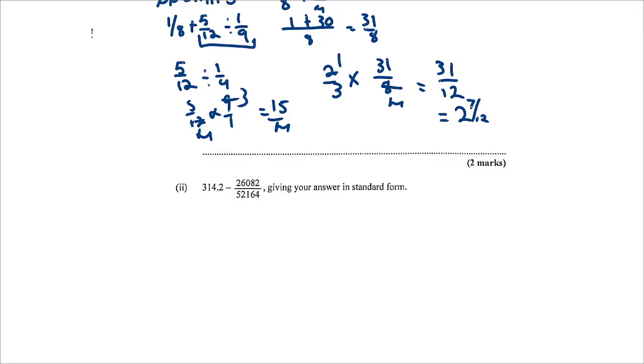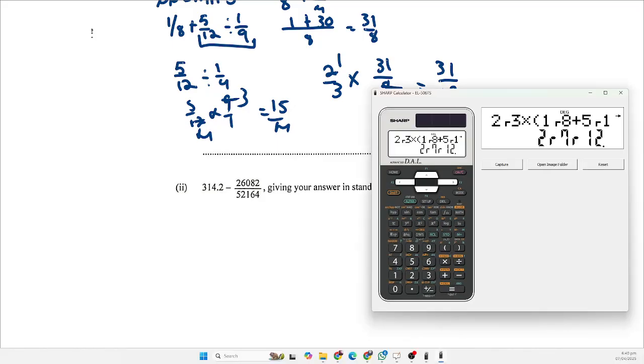The next question says 314.2 minus 26082 divided by 52164, giving your answer in standard form. So you see this one has decimals in it and then they have a standard form part. Right?